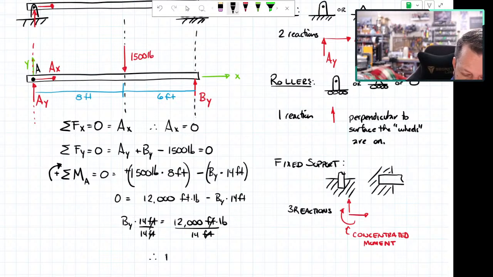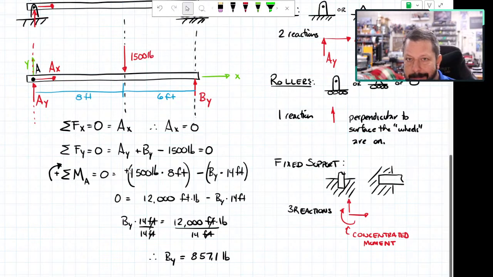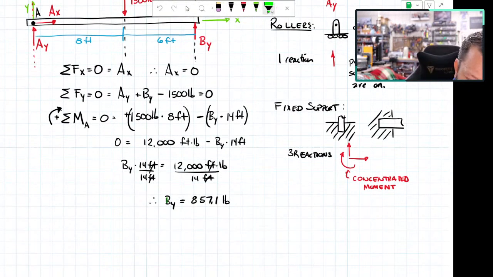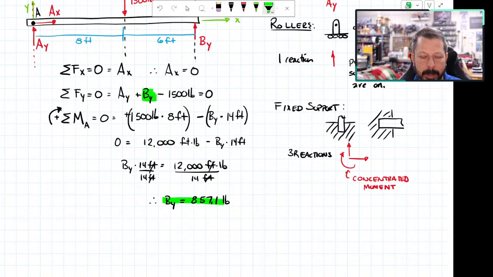And now BY equals 12,000 divided by 14, 857.1, and the units are just pounds. Then I can take that answer, plug it in to my previous equation that had BY and AY in it, and solve for AY.